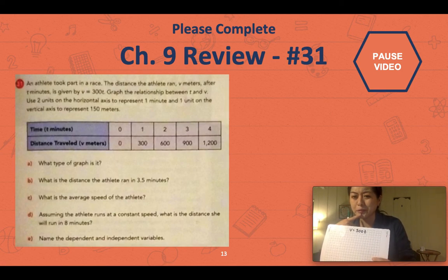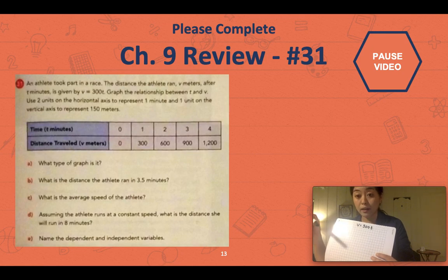How many variables does this equation have? It has two variables. If it has two variables, I know one is the dependent variable and the other is the independent variable. Whenever we draw a coordinate plane, the x-axis represents the independent variable.